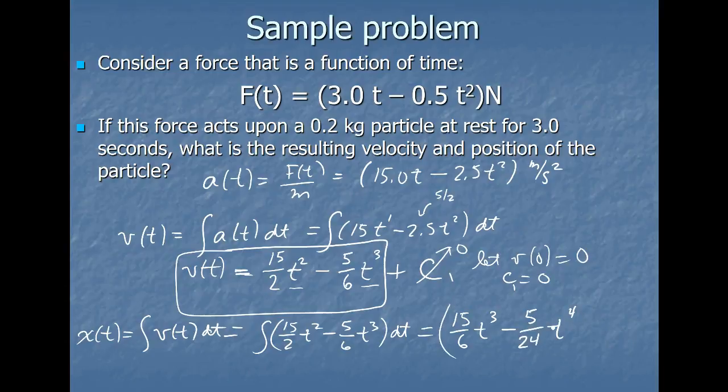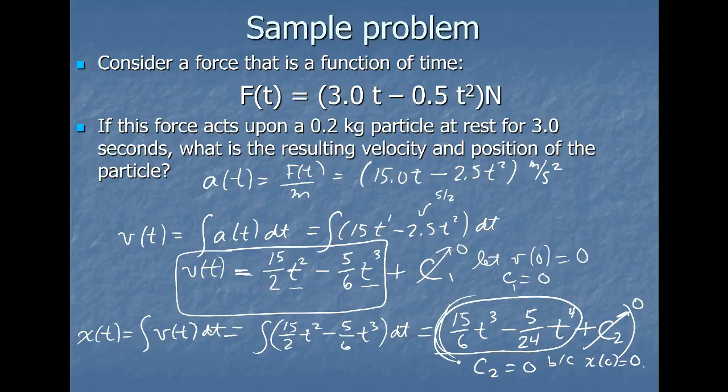So hopefully you see the pattern. We are also going to assume that we can add a c2, but c2 is also 0 because x of 0 will be set to 0. So this will go away, and x of t is going to be 15/6 t cubed minus 5/24 t to the fourth.